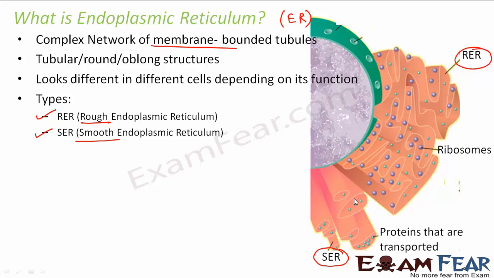This is not displaying the entire cell. It has just magnified the endoplasmic reticulum's picture. Here you can see tube-like structures forming a network, right? These are the rough endoplasmic reticulum and these are the smooth endoplasmic reticulum. We will talk about both RER and SER in detail in the next slide.